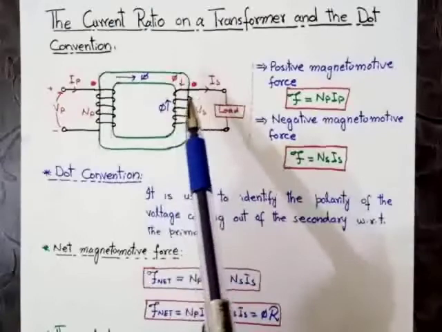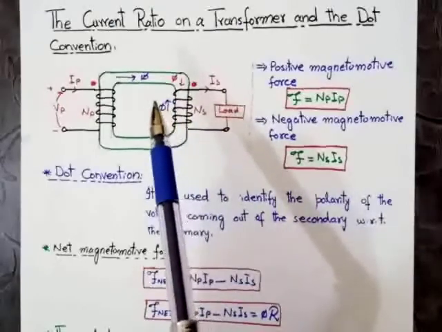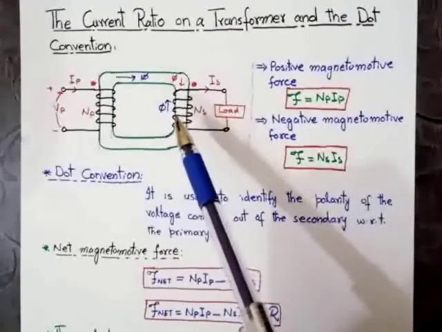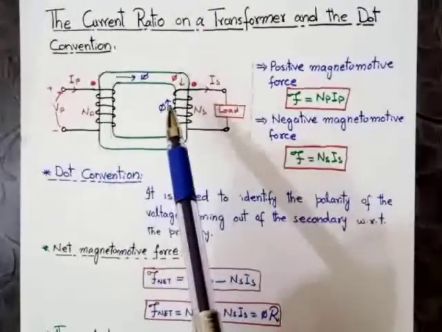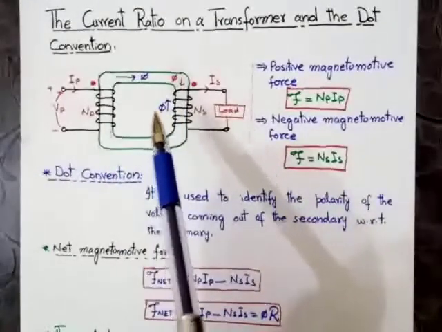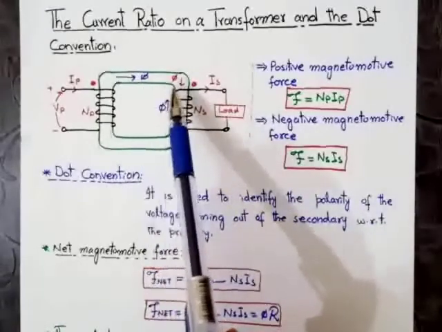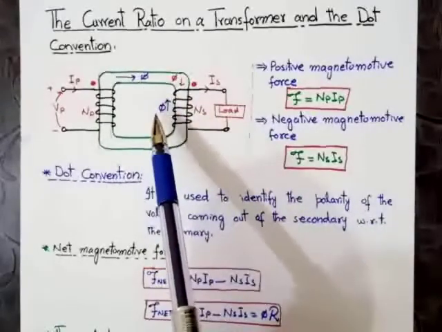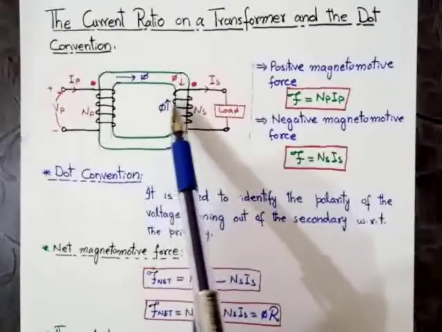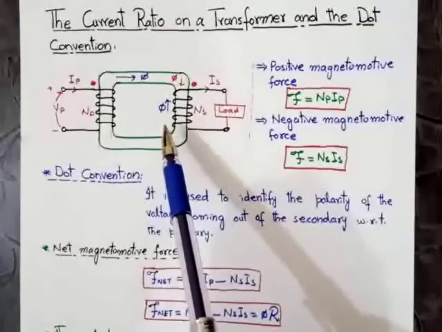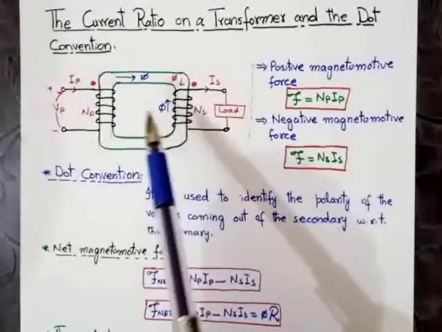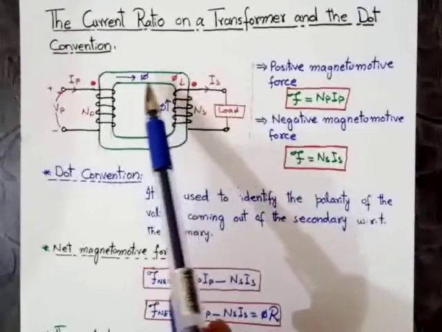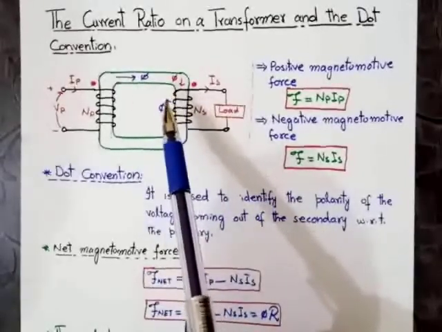When the charges move, they generate the opposite EMF. So the direction of the induced flux will be opposite to the applied flux, as you can see in this figure.